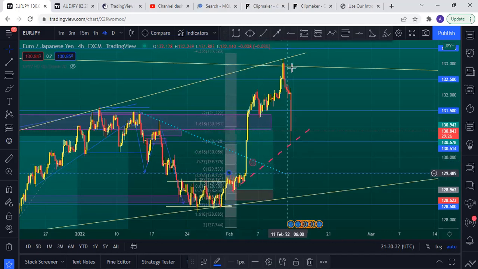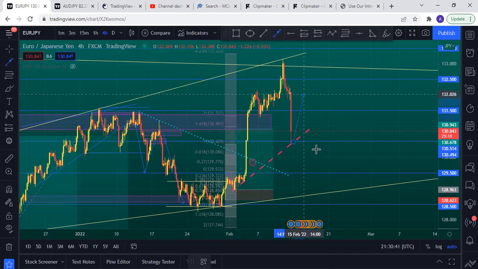All right, and based on this setup, the expectation is that probably price comes this way. All right, and then from that area, or maybe somewhere around here, maybe price comes somewhere around here, and then we can see this.